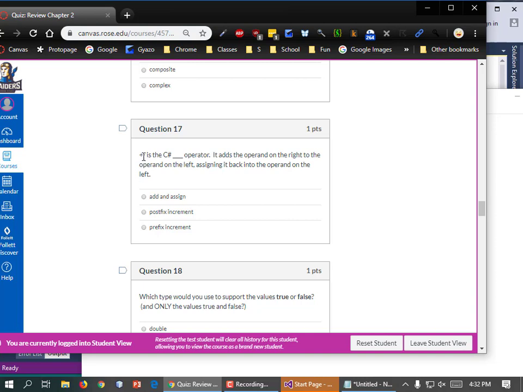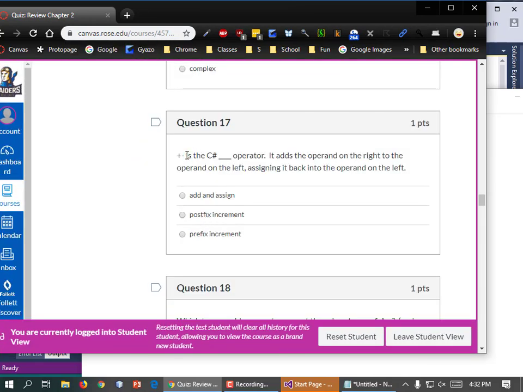I can't quite read that. It looks like this is a misworded problem. I can't believe that I've been using the same quiz for about 10 years and haven't noticed that before. Plus minus, what in the world would plus minus be? I'm going to add this number and then subtract it. It's supposed to be plus equals.